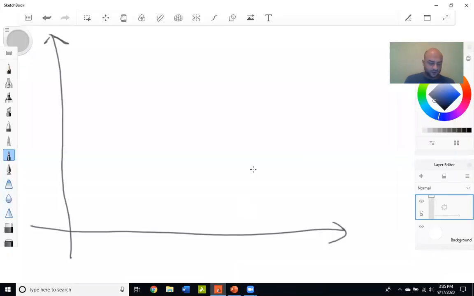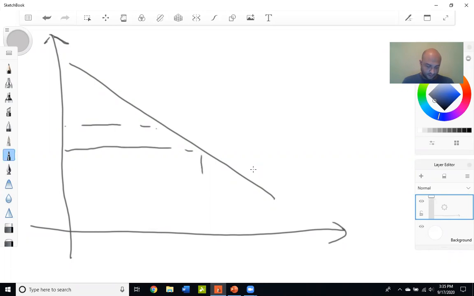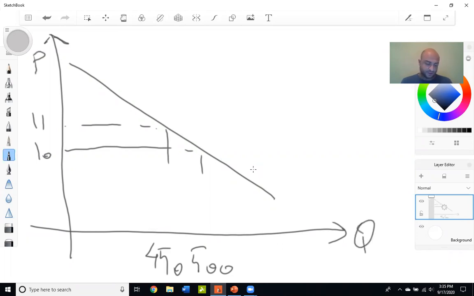Let's first find the formula for the demand curve. We have 11 and 450, and 10 and 500. This is 10, this is 11. Now, first you need to find the slope of the curve. The slope is the change in this axis over the change in this one.